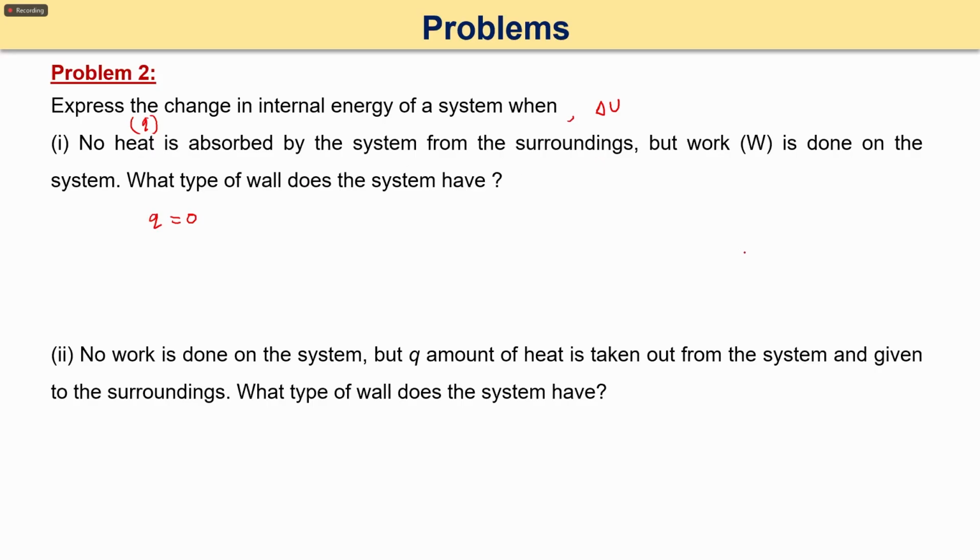So if this is your system, and it is not absorbing any heat from the surrounding, then Q will be equal to 0. But work is done on the system.